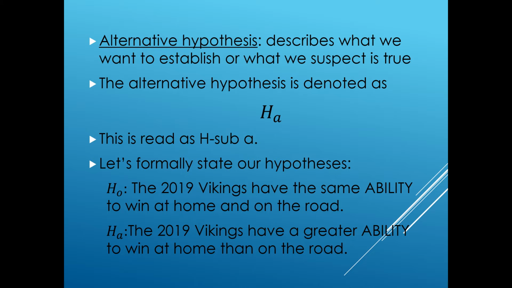These are very generic statements: having the same ability to win is your null hypothesis, and then either a greater or a lesser ability to win will normally be your alternative hypothesis.